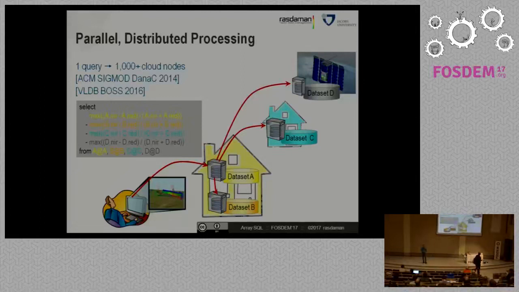ECMWF, close to London, wants to federate data with NCI Australia. So we cannot ship Datacubes. So rather, we ship queries and get back the results. We can even drive it to the extreme that we have a moving target, like a satellite up there. And actually, this is not vision, this is not science fiction, but you see, that's really fun for us.